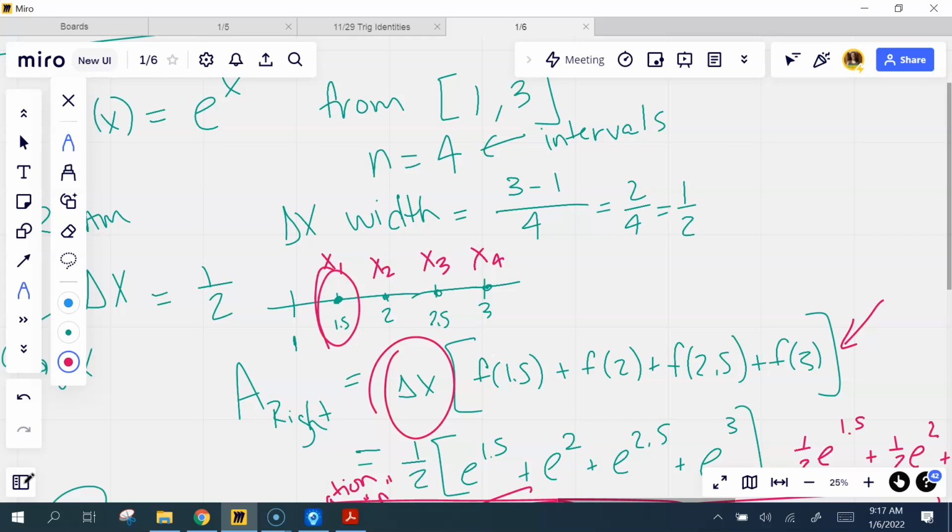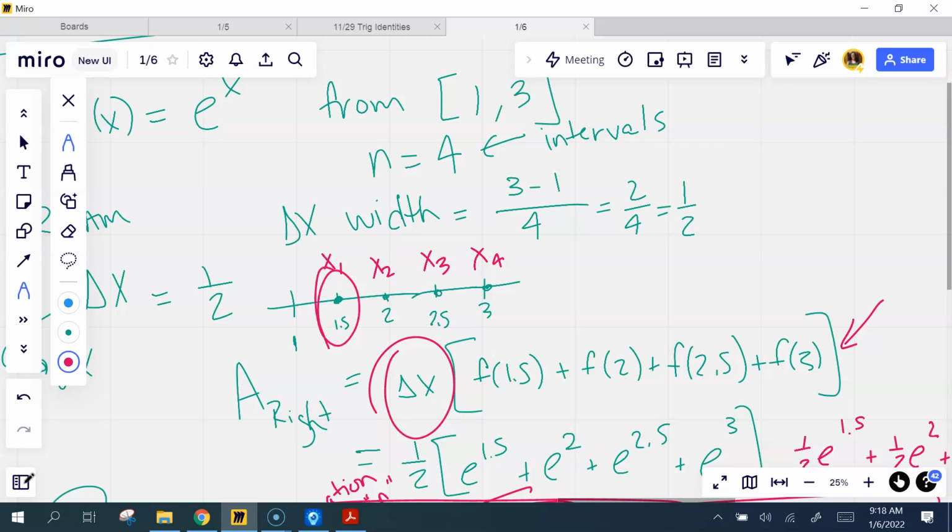We're going to use it for something. If it was 0 to 4, you would go by 1, like the x sub 1 would be 1.